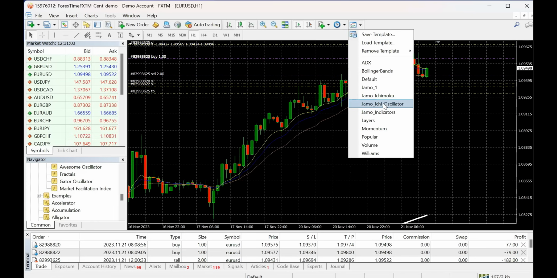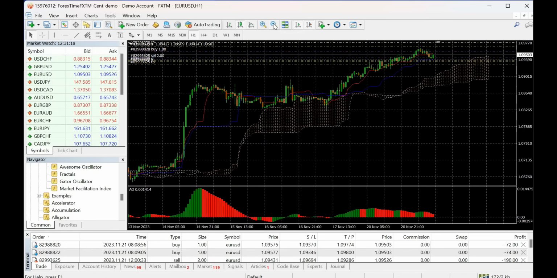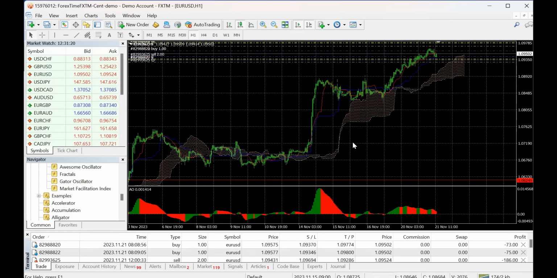Apparently, I'm used to this Ichimoku, but for the moving average, I'm comfortable with it. But with this Ichimoku, can you zoom out so that it's smaller? Yeah, better this one. So with this Ichimoku, I'm still getting used to it.